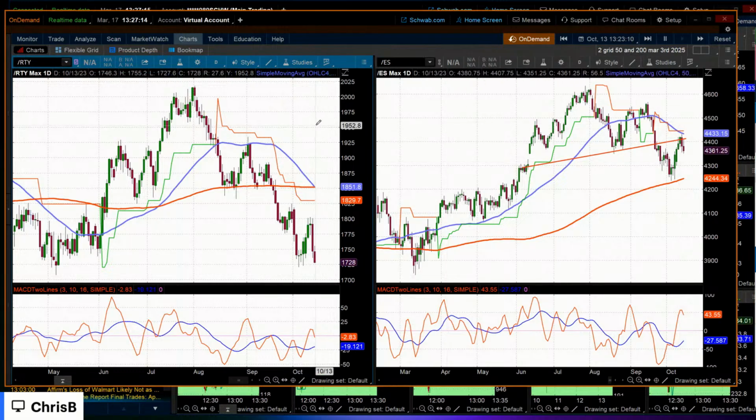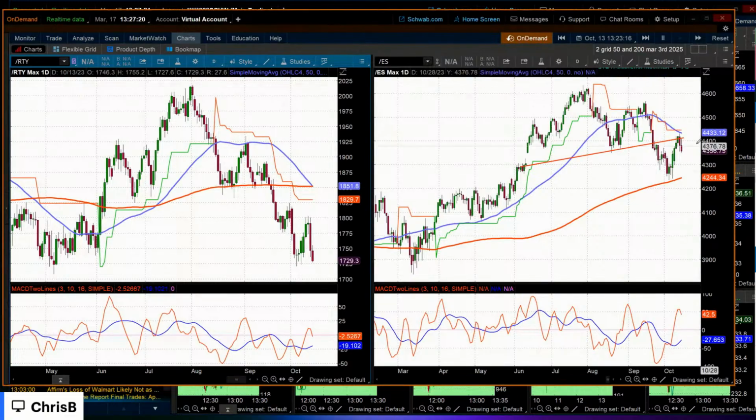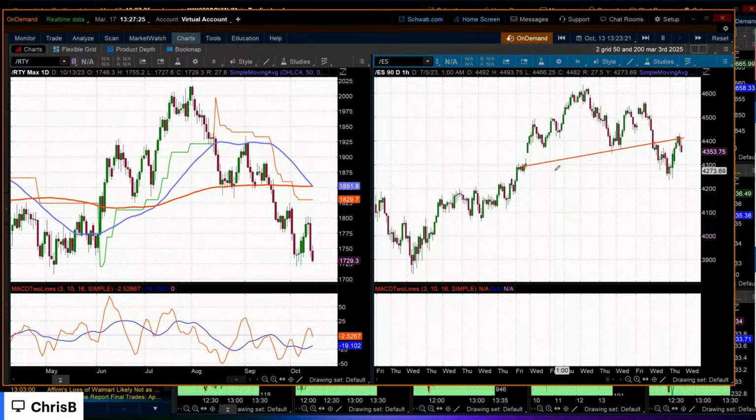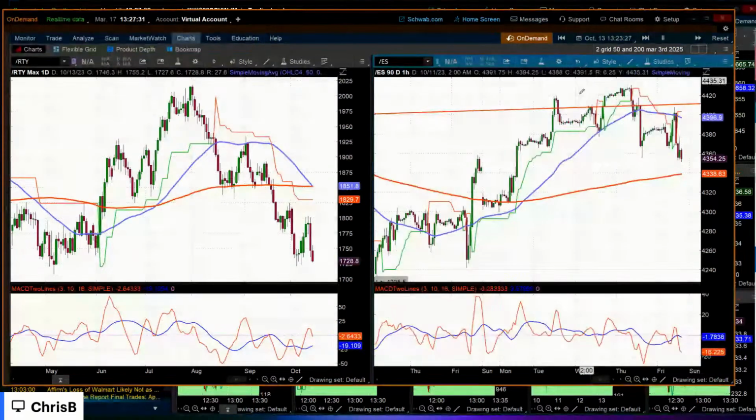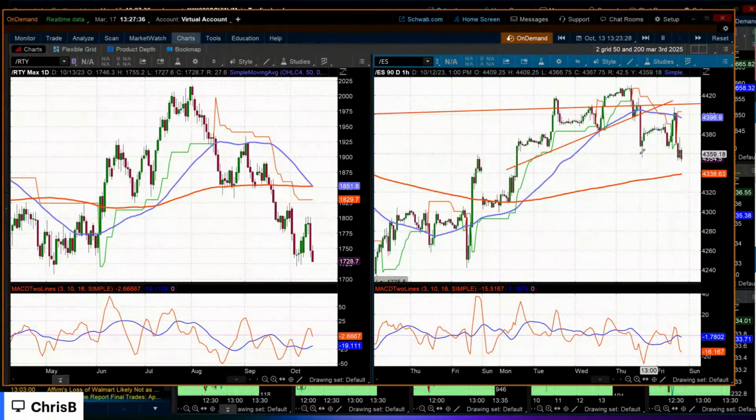Number two in here is once it does that, then you're looking for the trigger. So you see that there's one of the triggers. And now look at that. You had a trend line, you had a trend line. So keep that in mind.